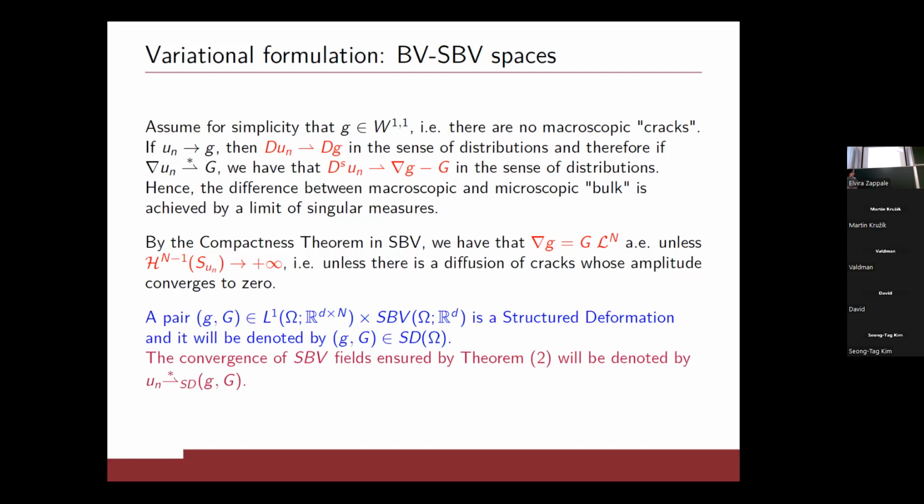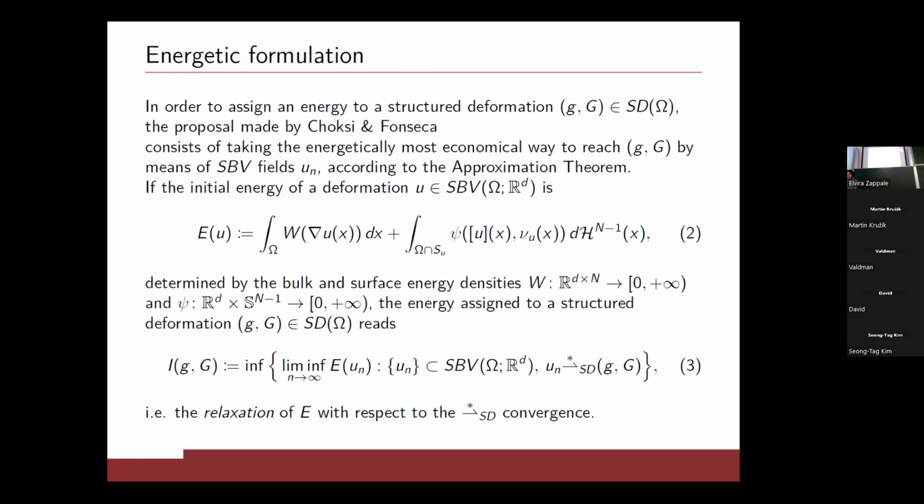So another thing before I go further, about notation: the couple little g and capital G will be denoted by SD of omega, so structured deformation, and the convergence in the sense of this approximation theorem will be denoted by this arrow with a star. I mean, it should be quite clear. Then, what about the energetic description? Choksi and Fonseca made this formulation.